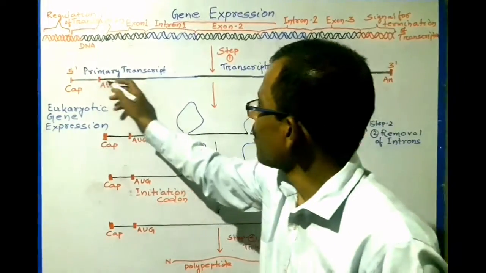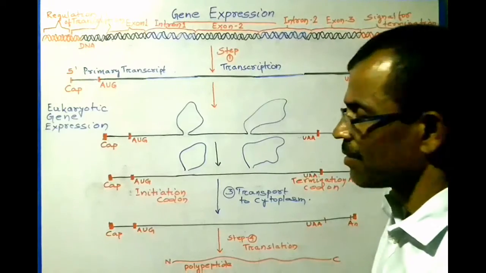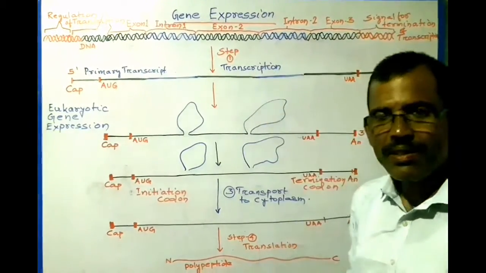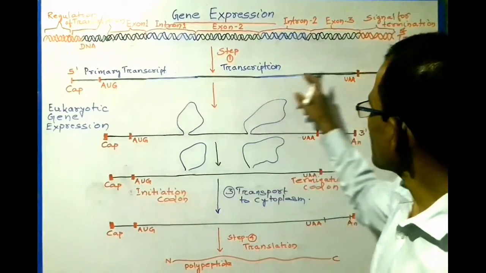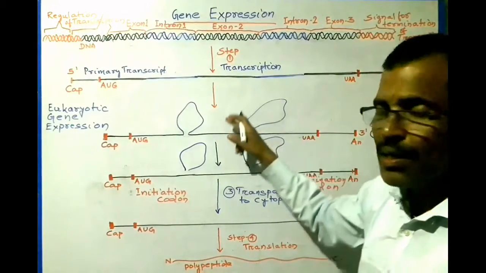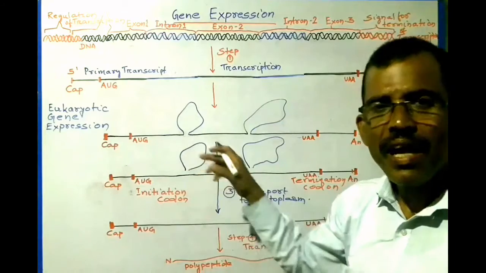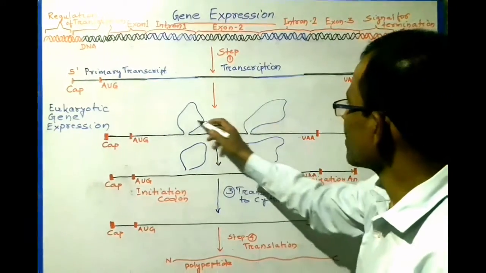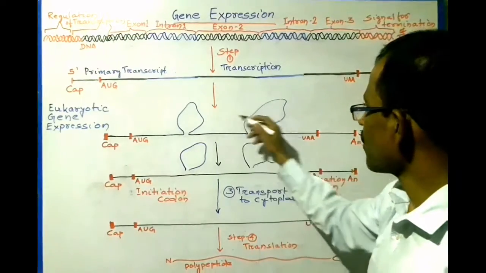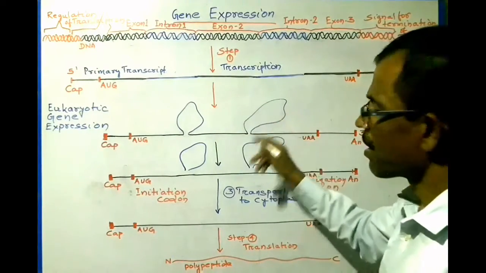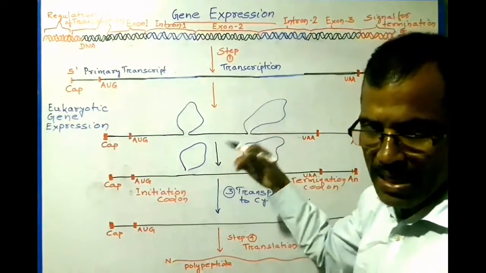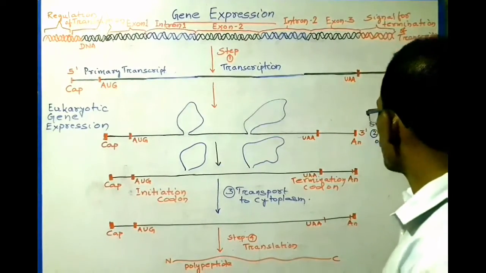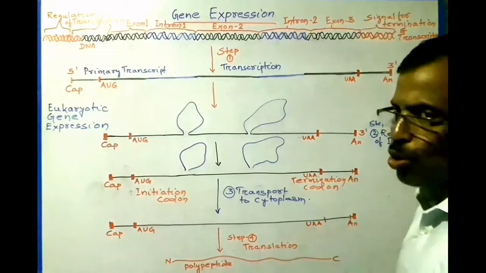This is the primary transcript, the product of transcription. This primary transcript undergoes processing inside the nucleus. During processing, the non-coding sequences, the introns, are removed by a splicing mechanism with the help of the spliceosome.